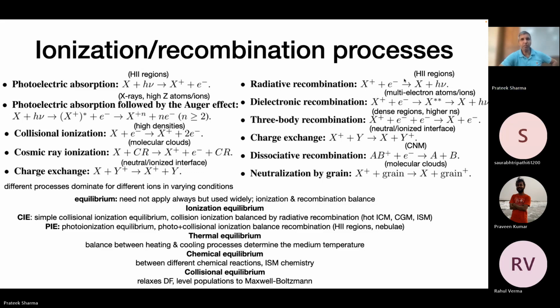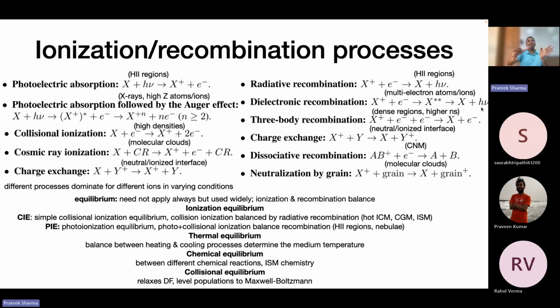This is radiative recombination, right? What happens in H2 regions is this. But then you can have dielectronic recombination. It's sort of like the opposite of the Auger effect. You have two electrons involved in this. So you have an ion and you have an electron. The ion recombines with this electron, but this ion gets excited to a very active state or some sort of a resonant state.